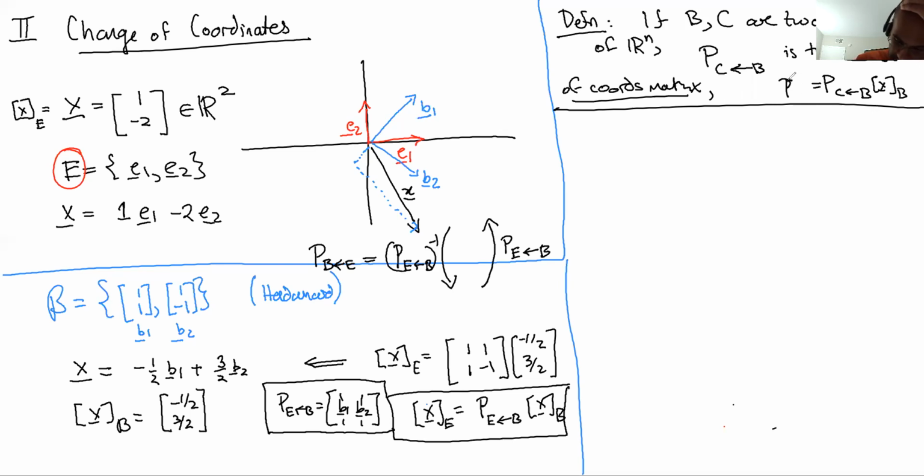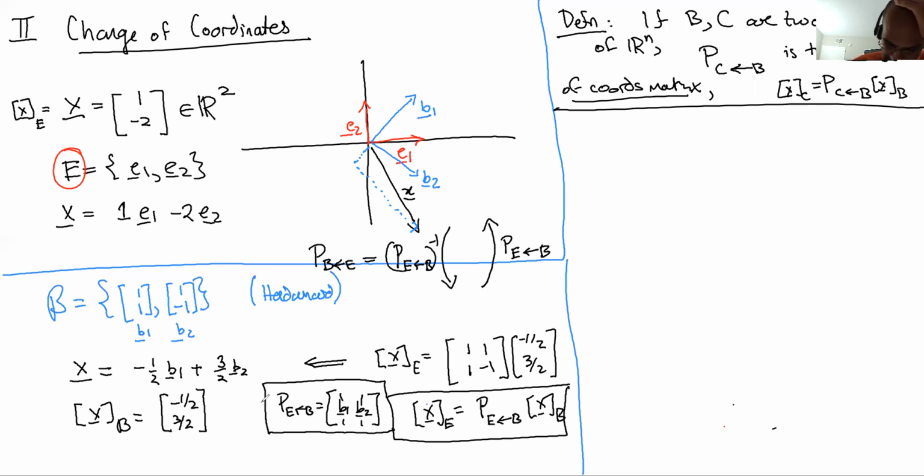Sorry, this is the C coordinates. So this converts coordinates between B and C, and right now we've shown how to find the change of coordinates matrix when one of the bases is the standard basis.